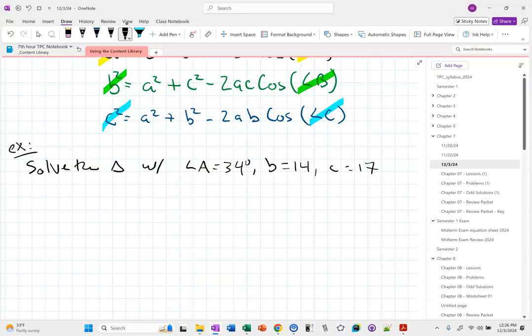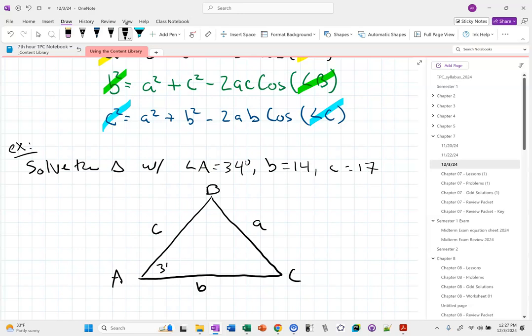I'm going to start by drawing and labeling a picture. And again, I don't ever worry, you know, like all my triangles look exactly the same. I don't worry about scale. So there's my drawn and labeled picture. Now add in the values.